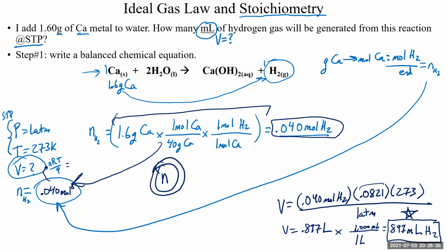This is your connection point between the ideal gas law and stoichiometry. Whenever you have a question involving stoichiometry, calculate N. That's the first thing you should think of. What's N? How do I get to N? What do I need to calculate N? And of course, for stoichiometry, your first step is always to write a balanced chemical equation, balanced because those stoichiometric coefficients are critical.